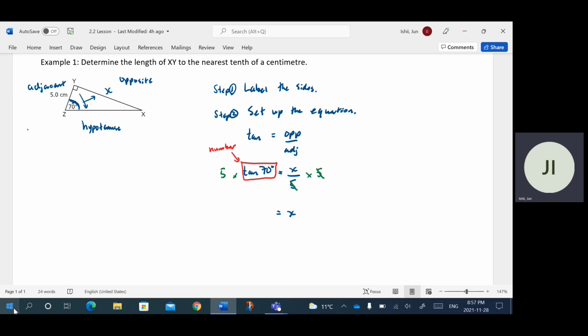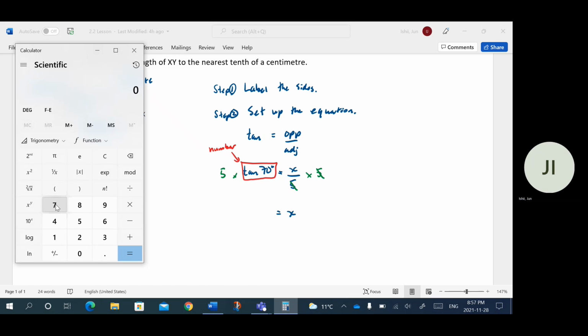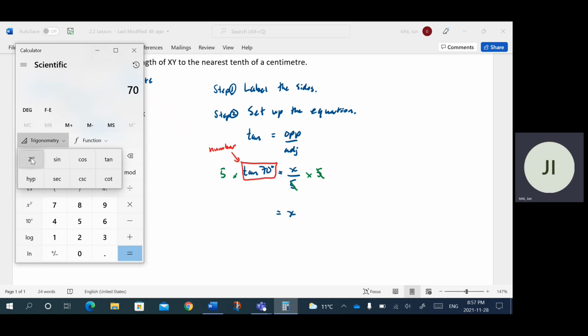The way you would do that in your calculator is to open this up. I'm going to find the tangent of 70 degrees, so I'm going to punch in tangent 70. Instead of hitting the second function like we did with angles, I'm not going to touch that. And you'll notice here it's equal to 2.7474 and so on. So that's what tangent of 70 degrees is equal to.